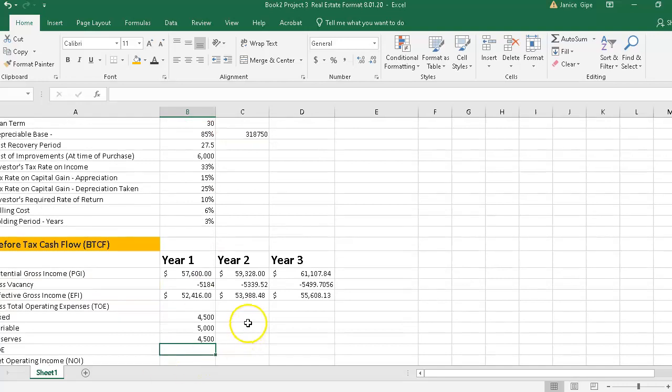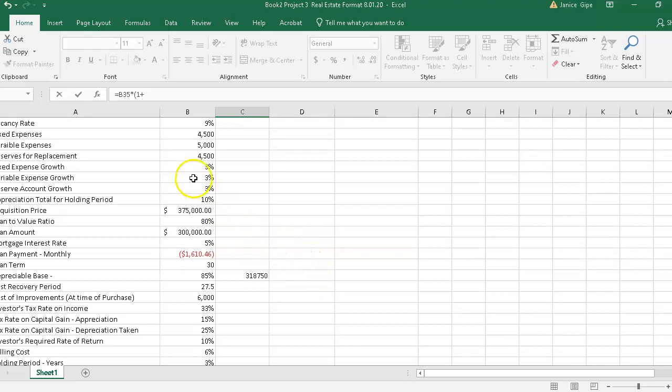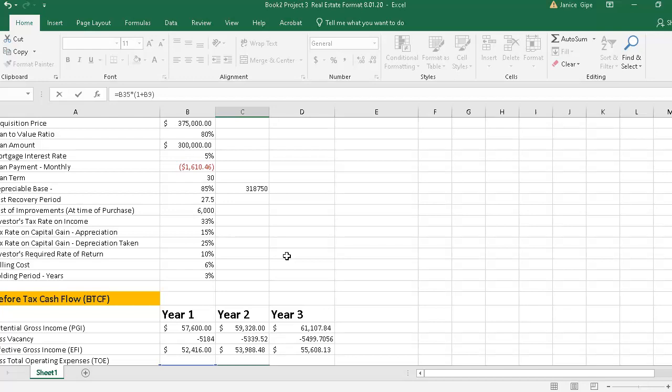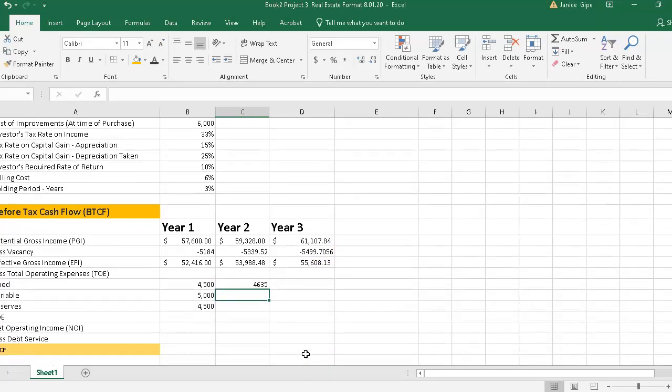So with that, we take the fixed amount, which was the $4,500, and then times 1 plus the 3%, and then close the parentheses, and that increases $135 the following year.